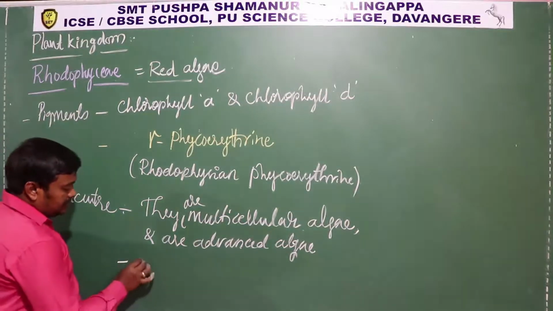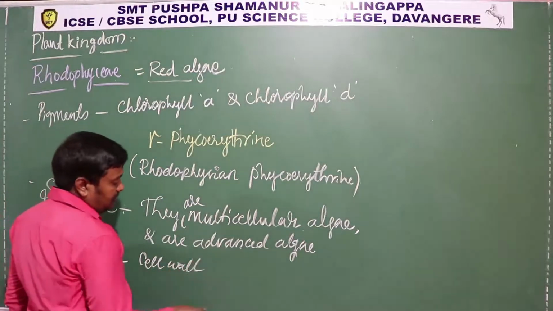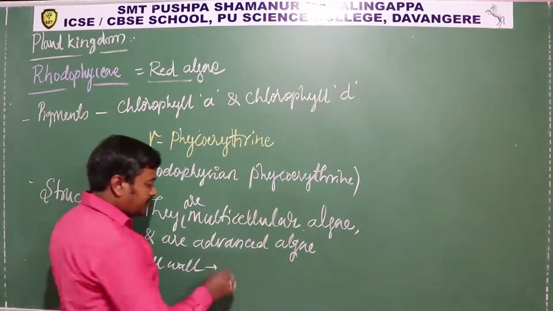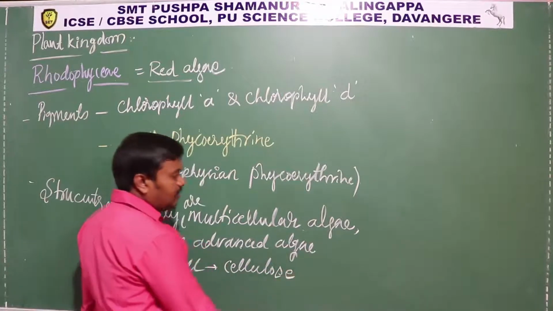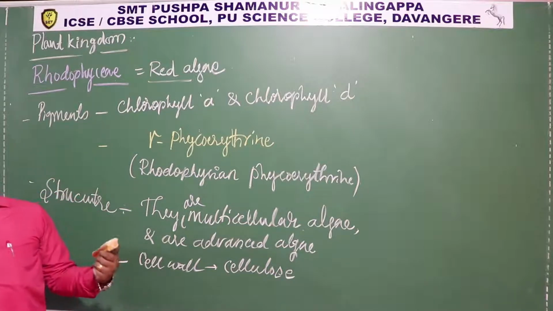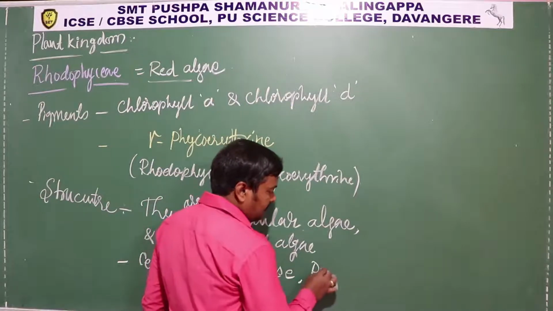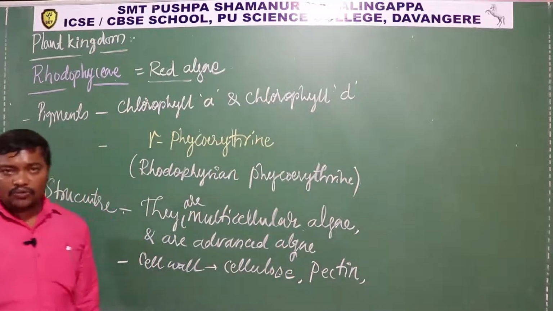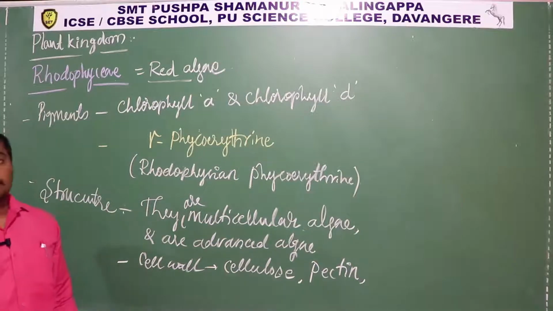Then the cell wall. The cell wall of the red algae has cellulose. As usual, cellulose is common in all fungi and all algae. Along with that they have pectin, similar to other algae. So cellulose and pectin are both common, the common material the cell wall is made up of.